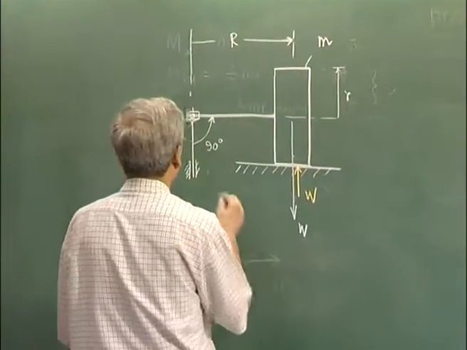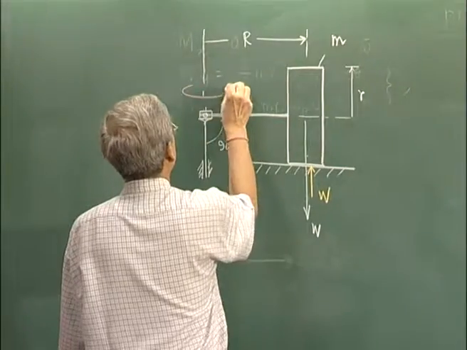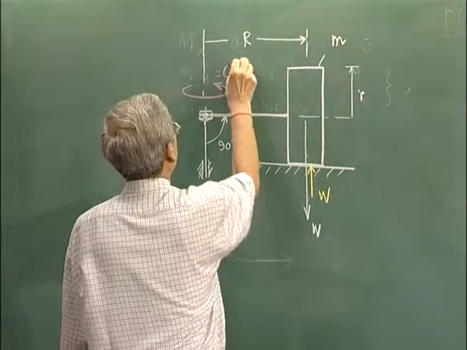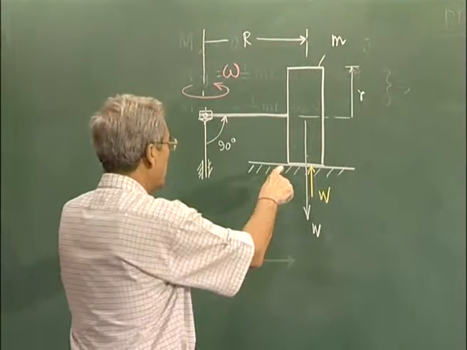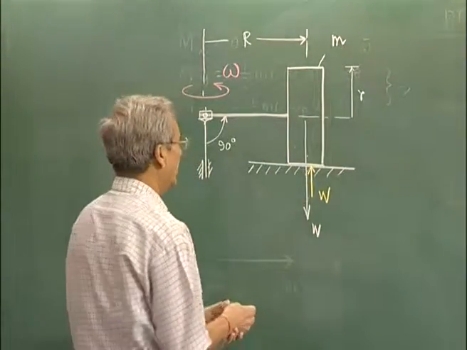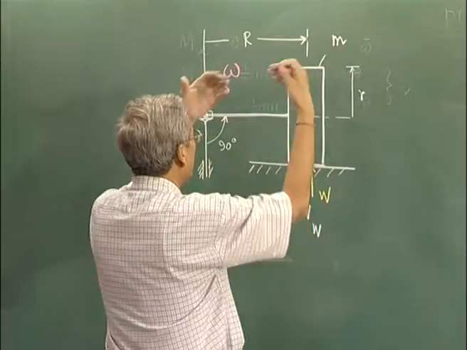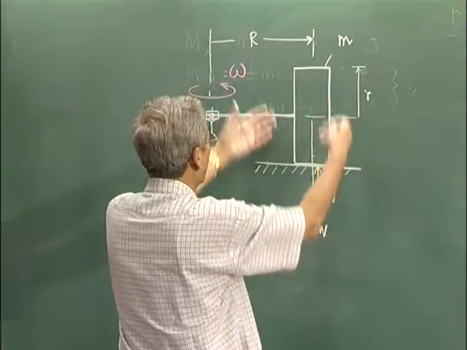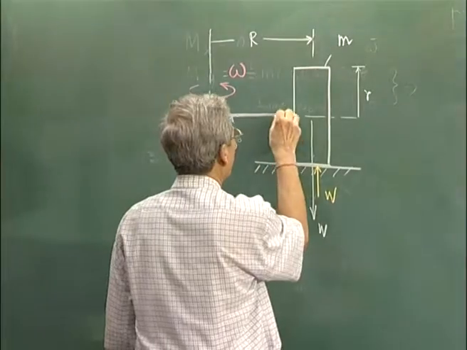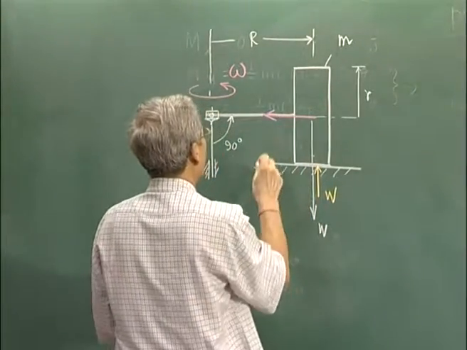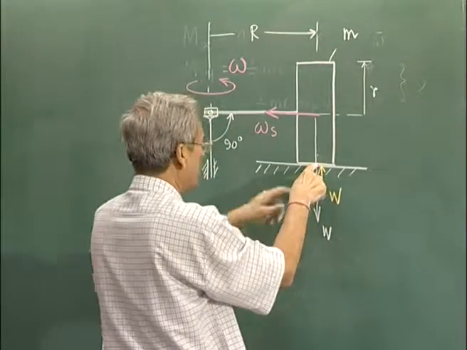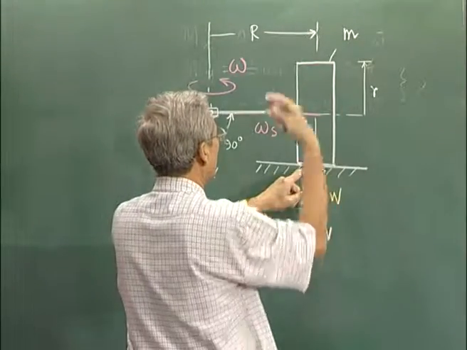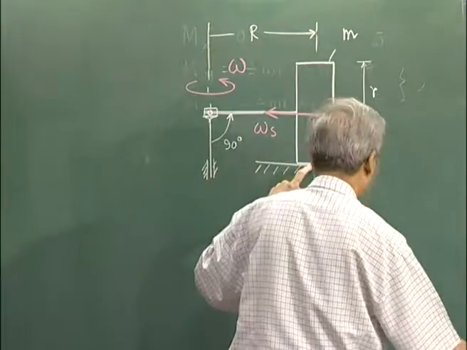Now, let us see what happens if this whole thing is rotating in this direction with angular velocity omega. If we assume that there is no slip, which is quite practical, then what will happen? This will rotate in this direction. That means it will have an angular velocity or spin velocity in this direction, and without considering any slip here, this can be found out from a simple relation.